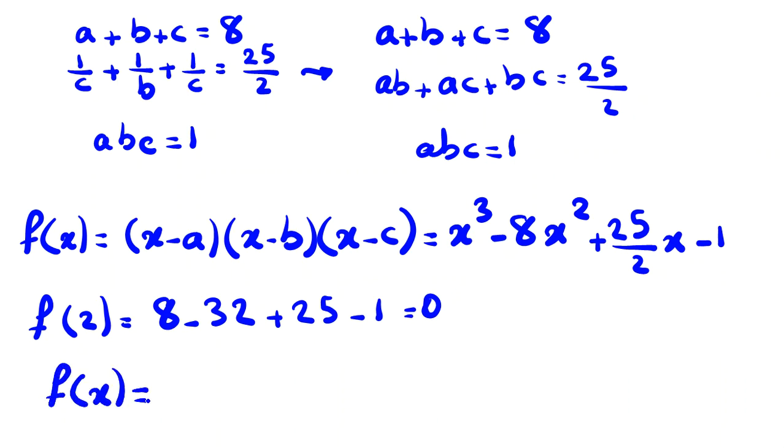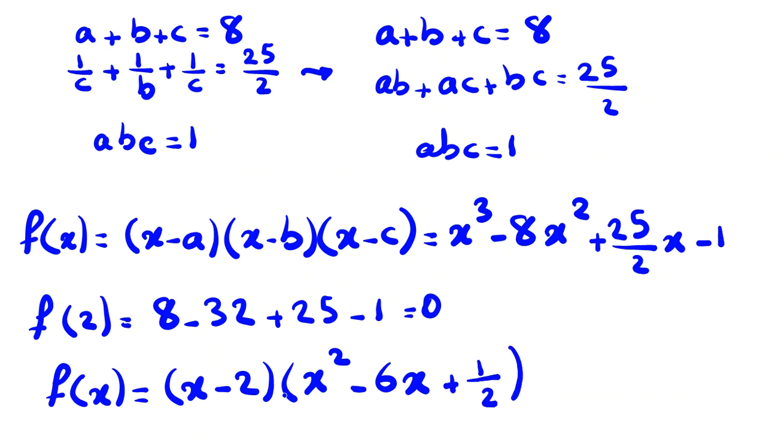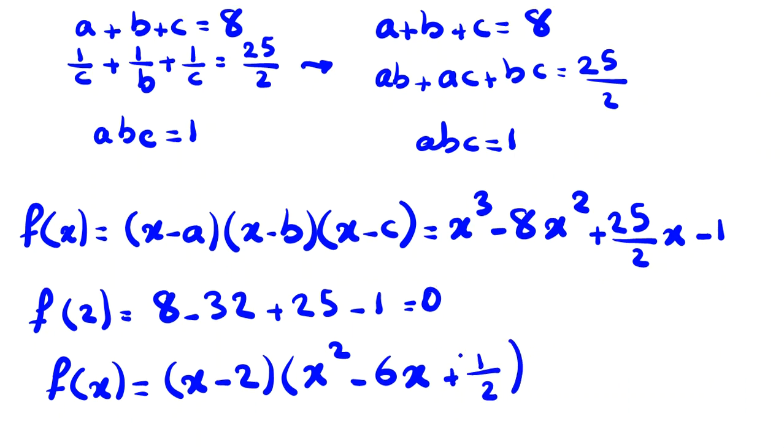It will be what? f of x equals x minus 2 times something. Now, we want to create x cubed, so I should place x squared, negative 2x squared. I want to reach negative 8x squared, so I place negative 6x, and plus 12x, it is 12.5. So you place 1 over 2, and the constant will be negative 1.